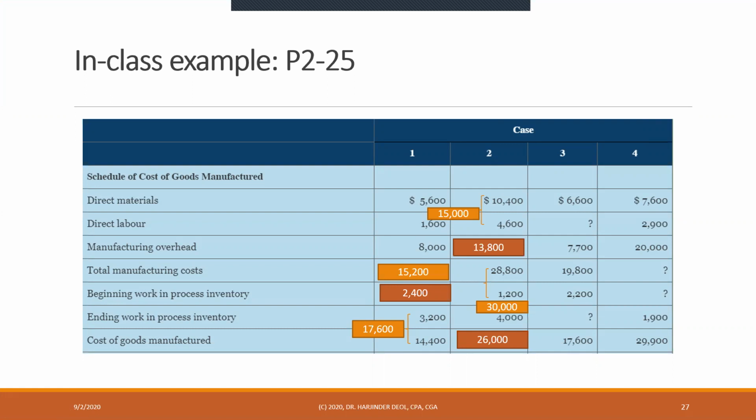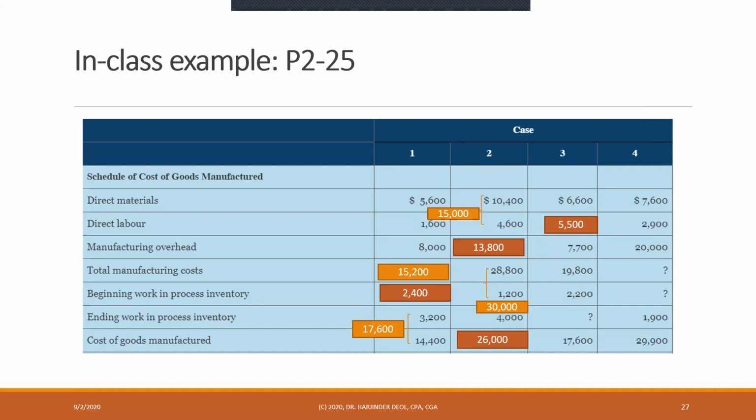Of course, since we know that direct materials plus direct labor plus manufacturing overhead must be equal to the total manufacturing cost, we can calculate the cost of direct labor as the missing amount when we subtract from total manufacturing costs of $19,800 the cost of direct materials and the cost of manufacturing overhead. So 19,800 minus 6,600 minus the 7,700, you've got $5,500 being the cost of direct labor.